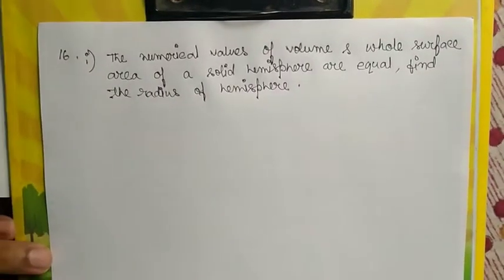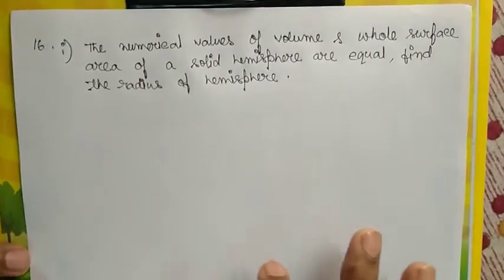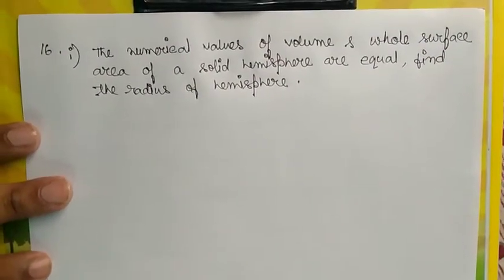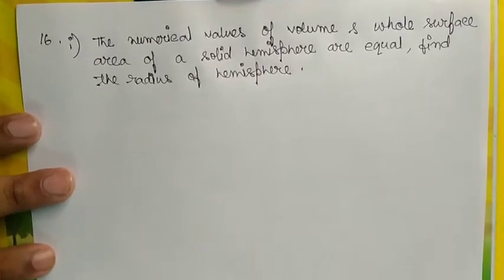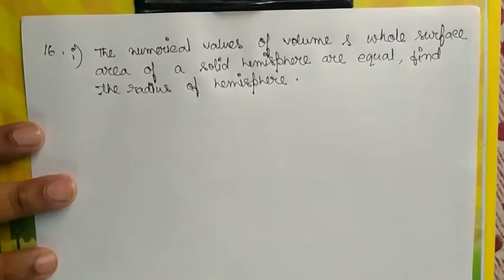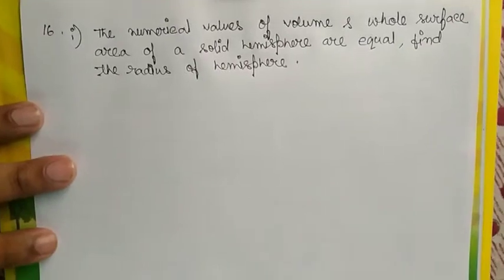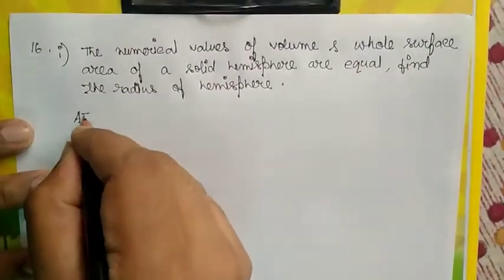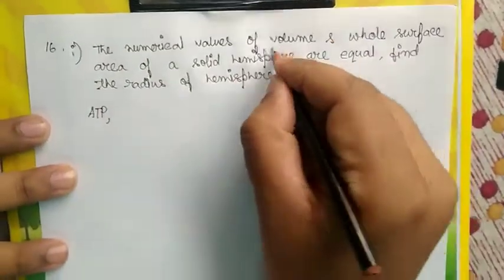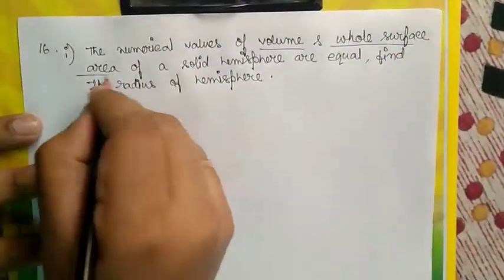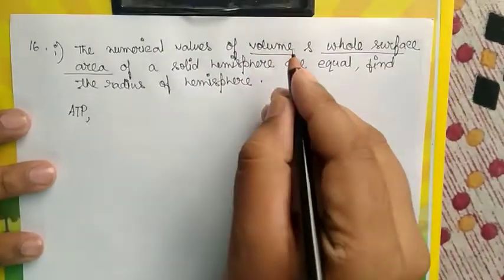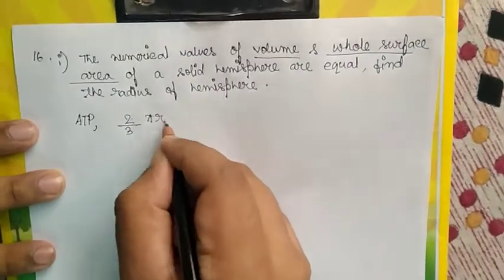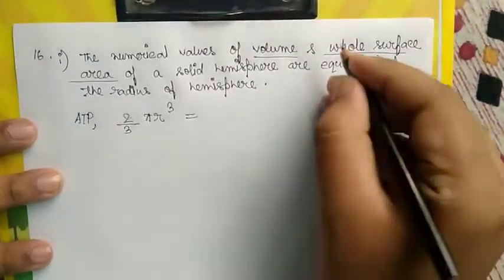So therefore the ratio of the length of the radius is 2:3. This is sum number 16, part 1, short answer type question. The numerical values of volume and whole surface area of a solid hemisphere are equal. Therefore we have to find the radius of the hemisphere. Now in this question, according to the problem, volume of a hemisphere, 2 by 3 pi r cube, is equal to whole surface area.